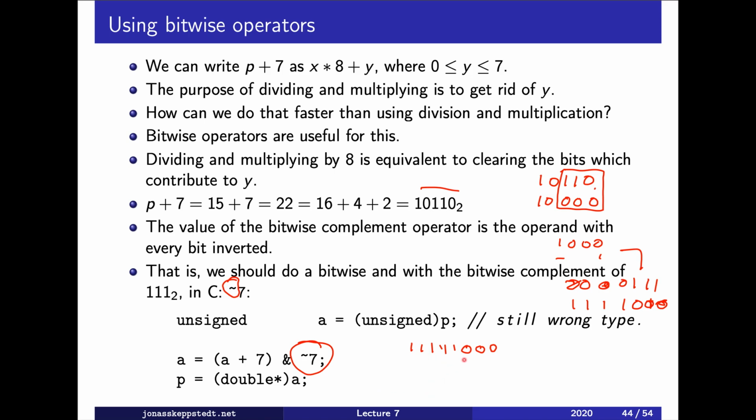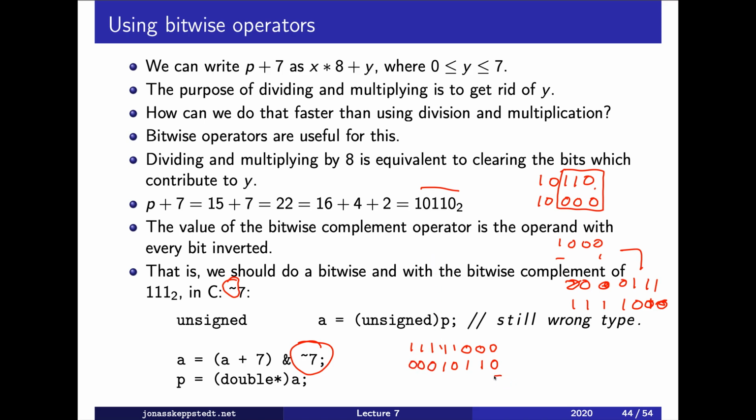Okay, so let's do that. So we should have 6 at the end, and then 0 and a 1, and well, then there are only zeros.